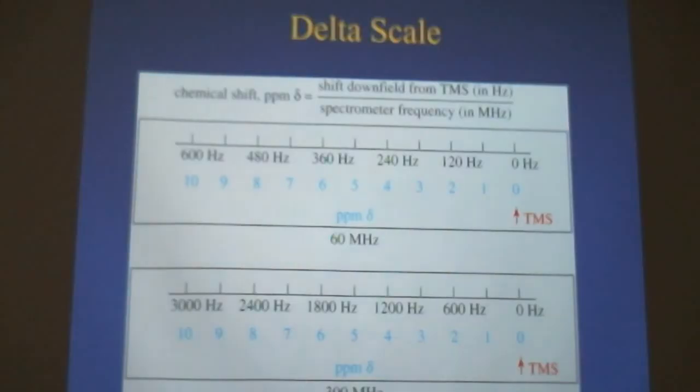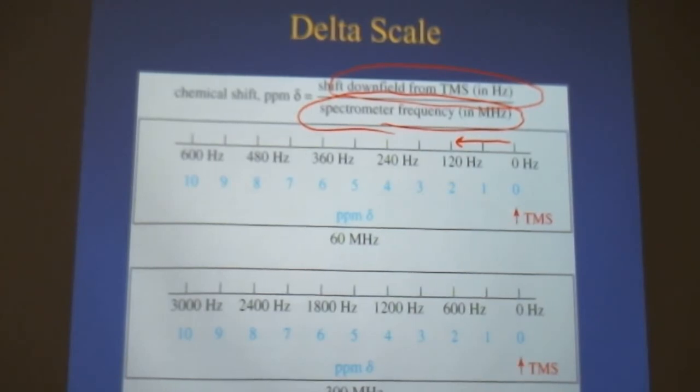So, since the magnets change, the absolute frequency at which I irradiate also changes. But the delta scale is always the same, because whatever the shift is downfield from TMS, I'm going to divide by the total frequency. So, because I'm dividing by the same number, the ratio is always the same.